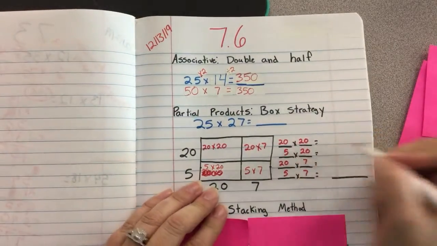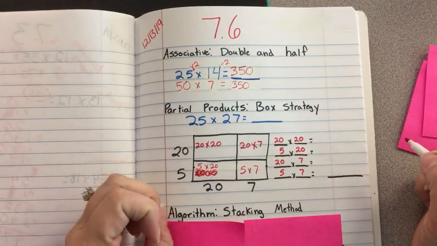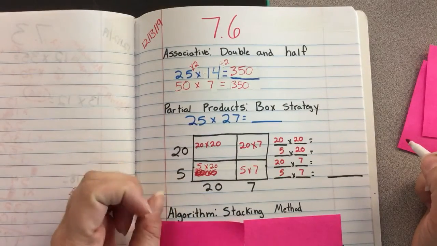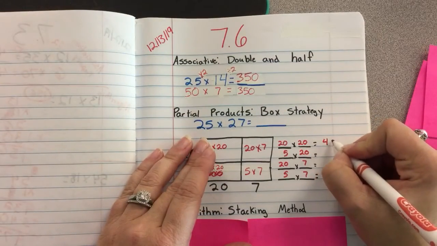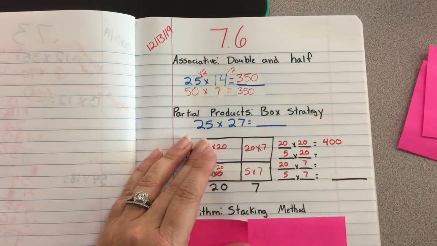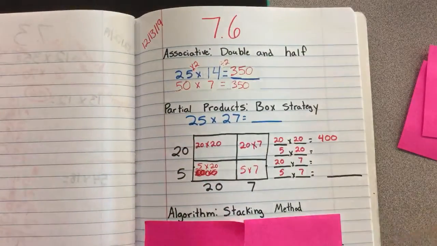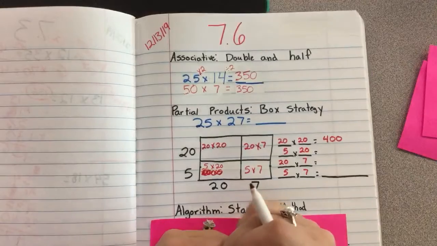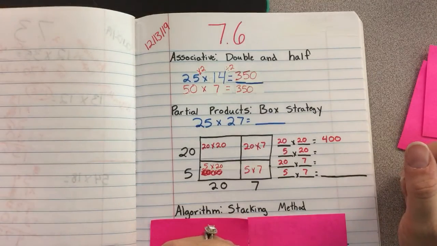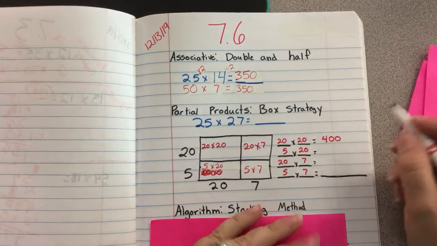Okay, so what is 20 times 20? Claire. How do you know that so fast? Because 2 times 2 is 4, and there's 2 zeros after that. Perfect. Okay. What is 5 times 20? Javier? 100.